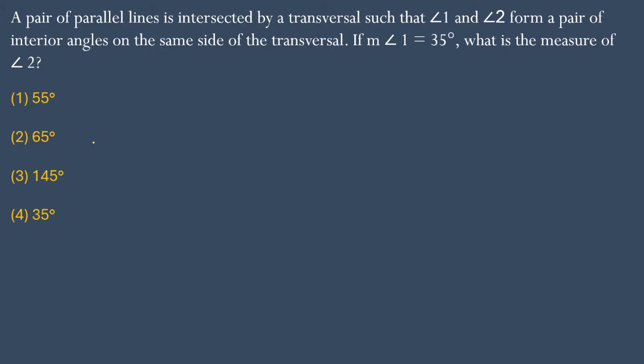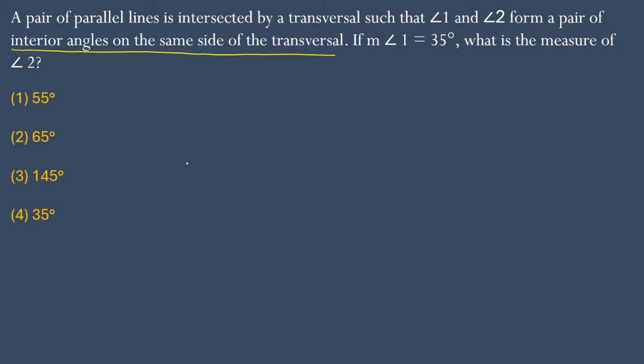If angle 1 is equal to 35 degrees, what is the measure of angle 2? If you see the question, they form interior angles on the same side of the transversal.